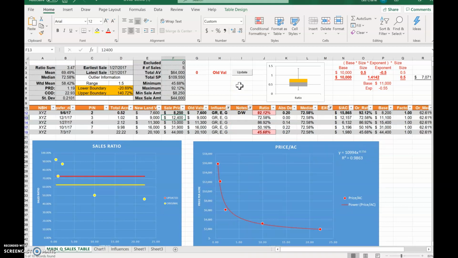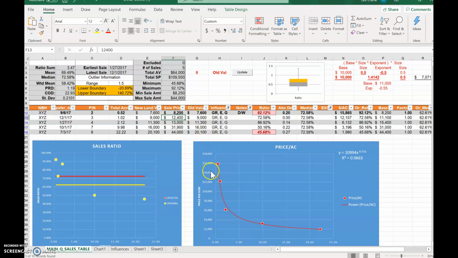So there, we've got 5 sales that all have gravel maintained access, electric, and natural gas. This one here, we've already accounted for the driveway. So you can see our overall median ratio is 72%, and PRD and COD are still not looking very good.